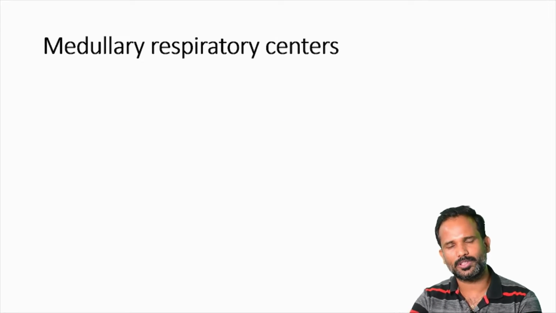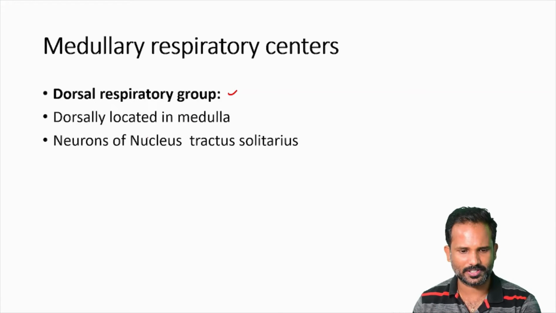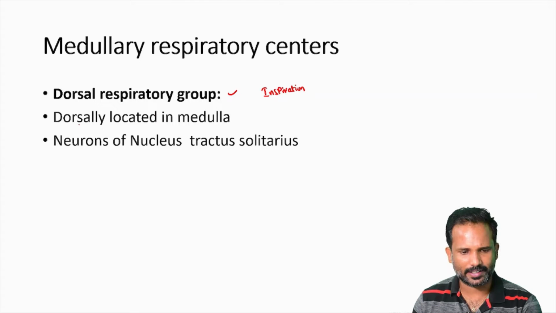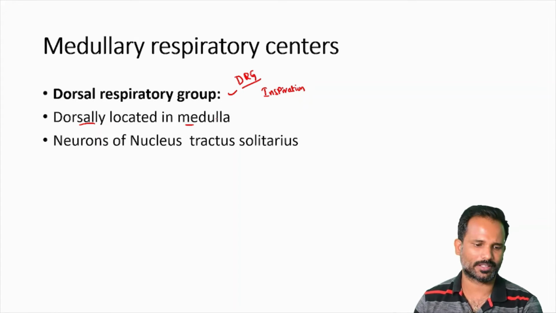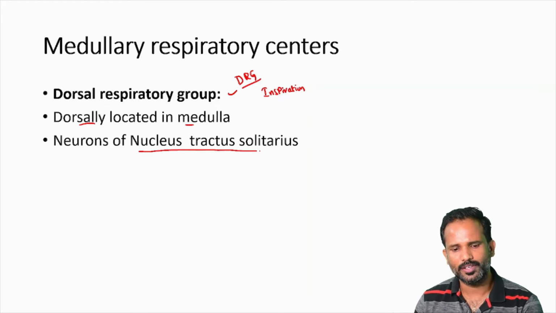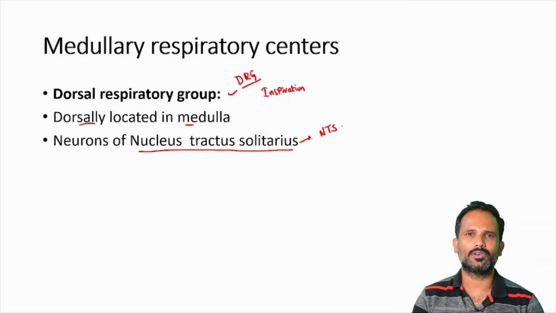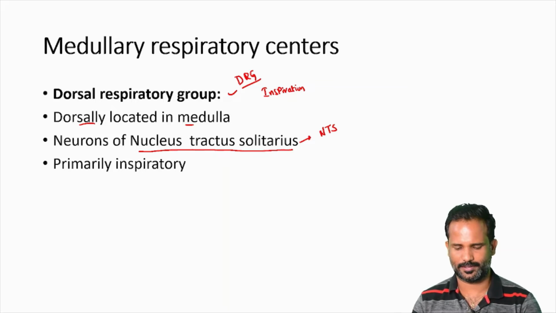Now we'll talk about the basic medullary centers. In the medullary centers we have the dorsal respiratory group. We already mentioned it is concerned with inspiration, and it is located dorsally in the medulla. That's why we named it the dorsal respiratory group. We will use the term DRG for it. The neurons present in the DRG are of the nucleus tractus solitarius, which we name NTS.